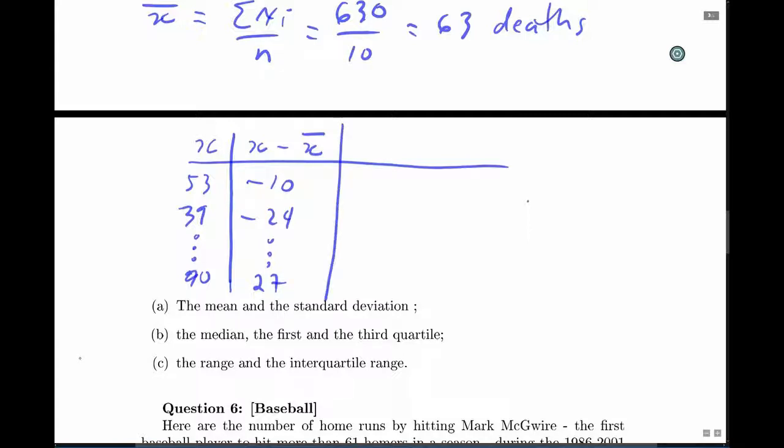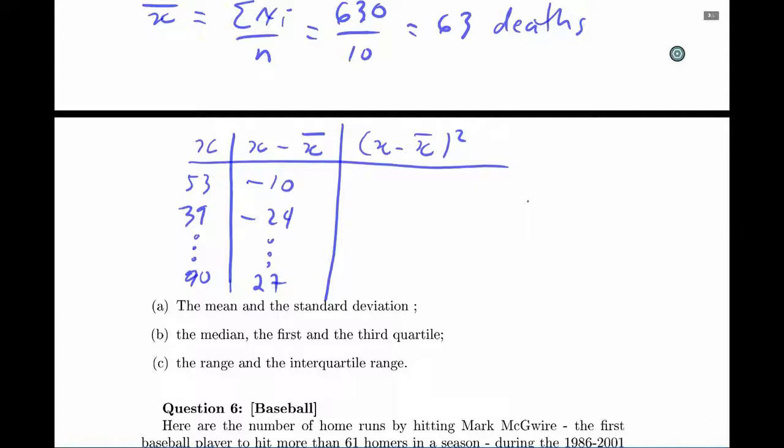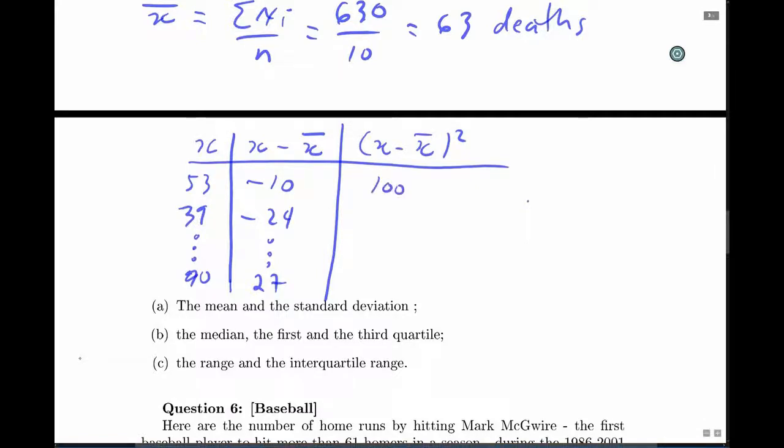And then we'll compute these deviations from the mean squared. So how far in squared units is each one of these values from the center? Minus 10 squared is 100, minus 24 squared is 576, and so on, right up to 27 squared, which is 729.